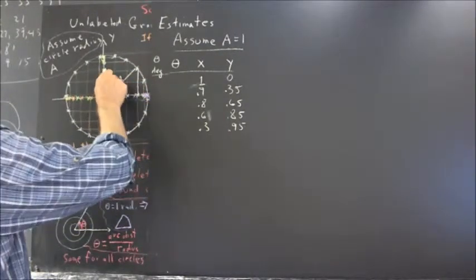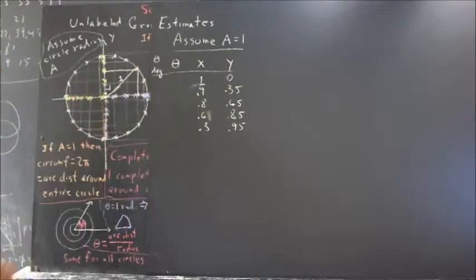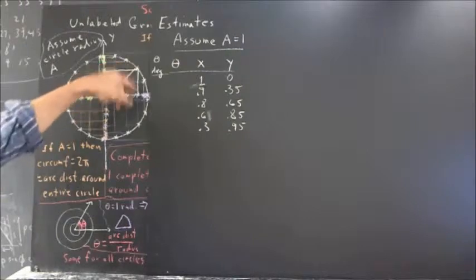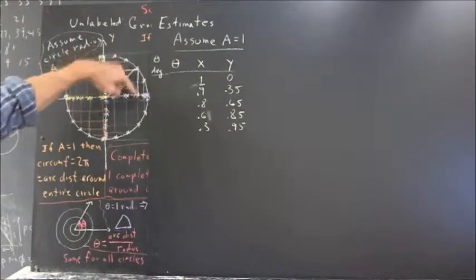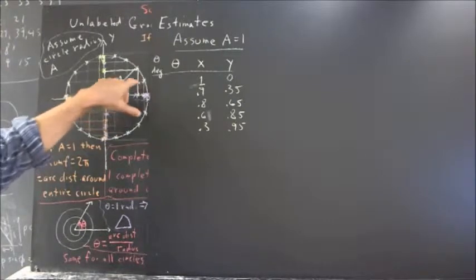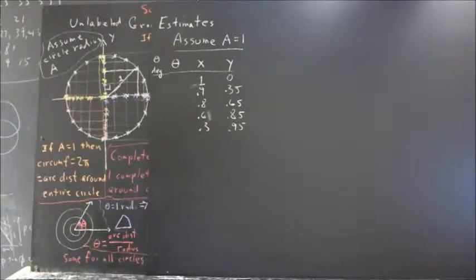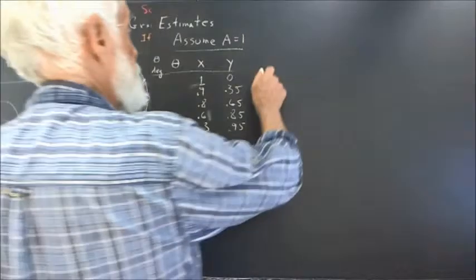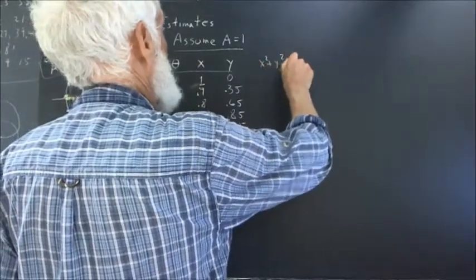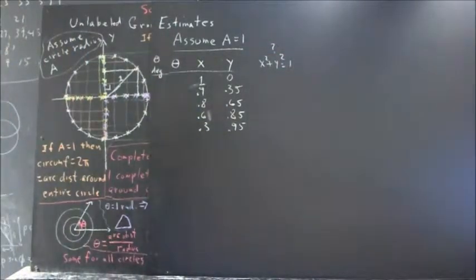The x-coordinate and the y-coordinate are the lengths of the legs of either of the two triangles that I form here, the triangle here or the triangle here, so that x squared plus y squared should equal 1. So, question mark, does x squared plus y squared equal 1?